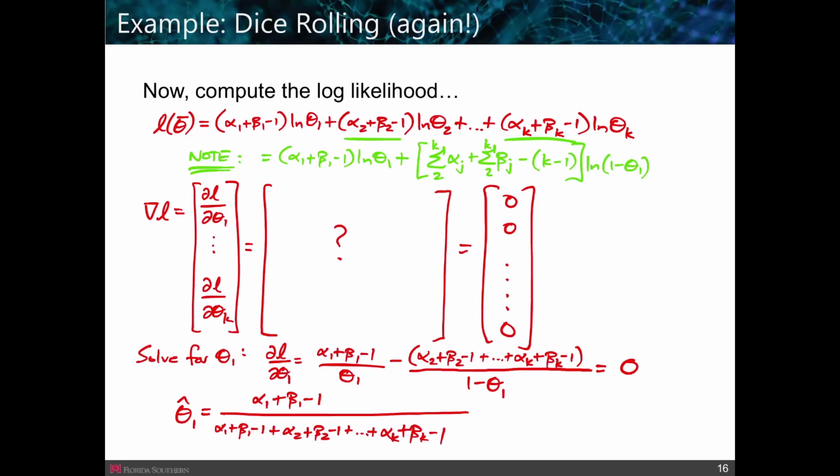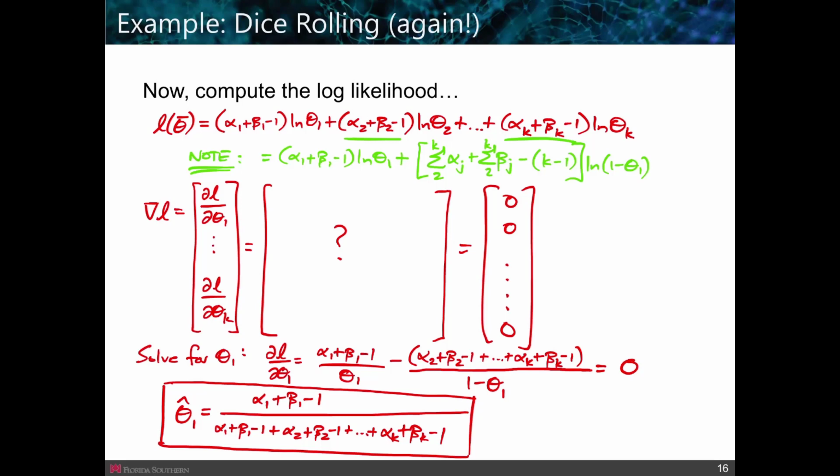The principle is the same as before. If we want to do a MAP estimate for a problem that has multiple options, more than 2, it's simply going to be equal to the number of times we actually see that case in our data, that's the alpha 1, plus the virtual counts of seeing that data, that's the beta, divided by the sum of all the actual data samples and the virtual samples.